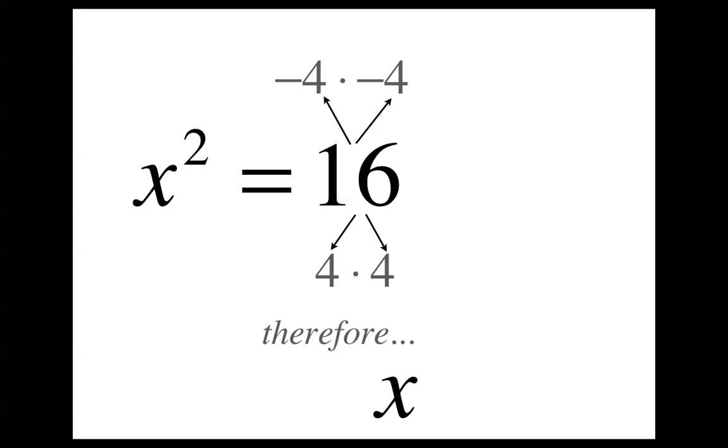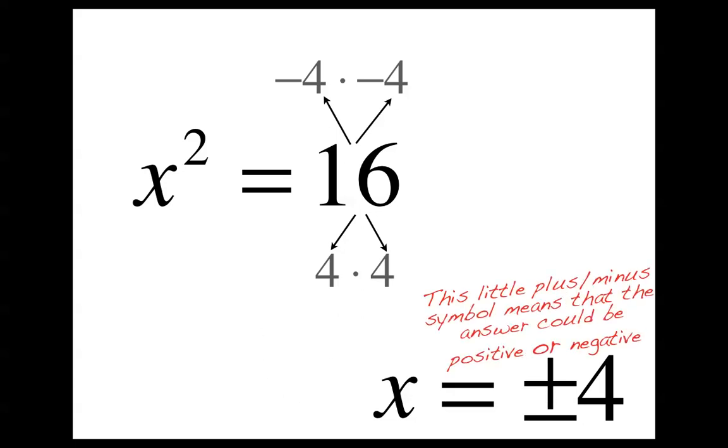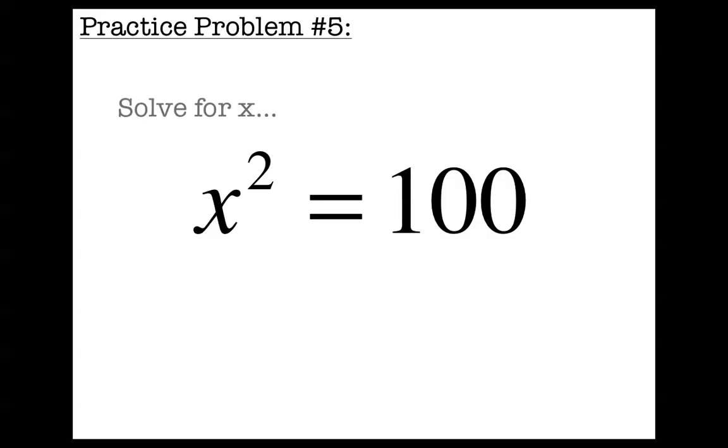So therefore, does x just equal 4? No, x could equal +4 or -4, and we use that little plus-minus symbol to mean that x could be 4 or -4. Tricky, huh? But it's true.